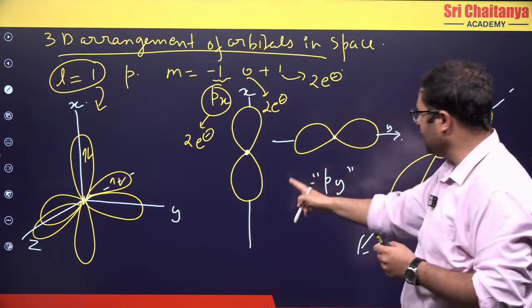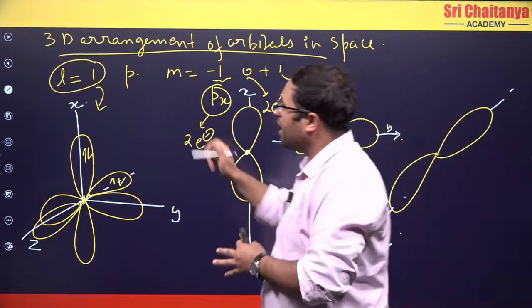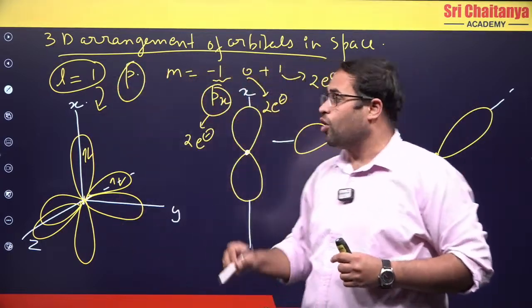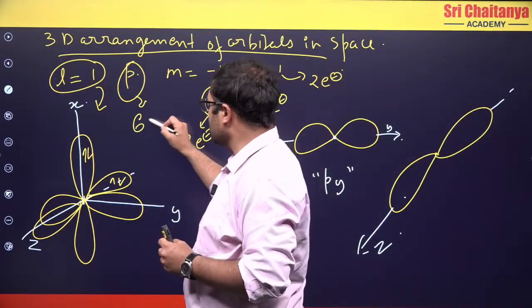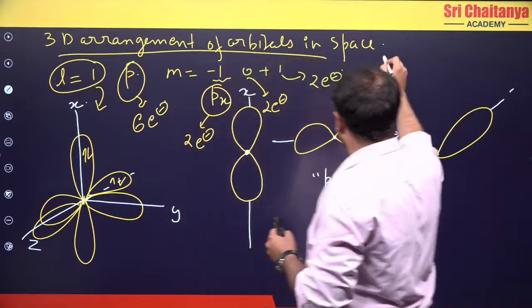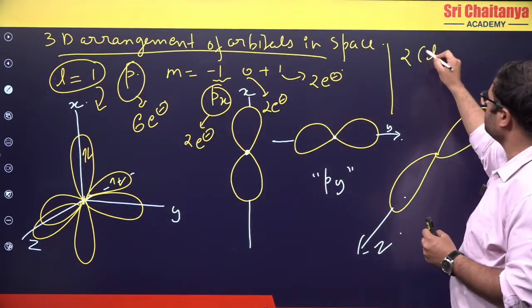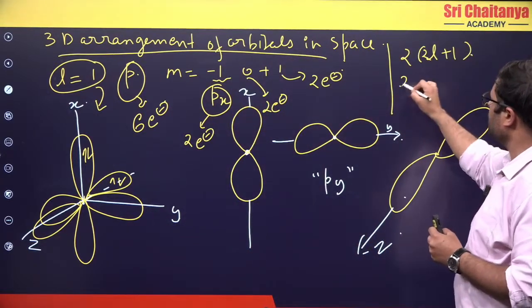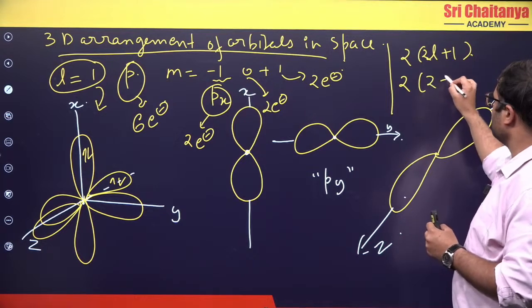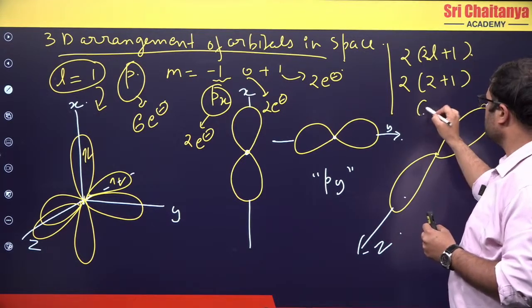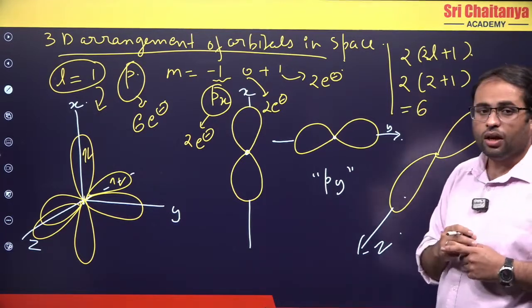So 2 electrons can come in each of them, giving that the P subshell can accommodate a total of 6 electrons. This you can also get from this formula, 2(2L + 1), where L is 1, which becomes 6, right?